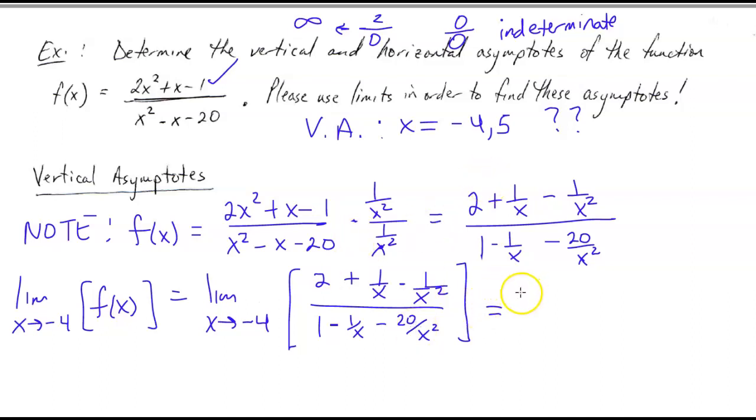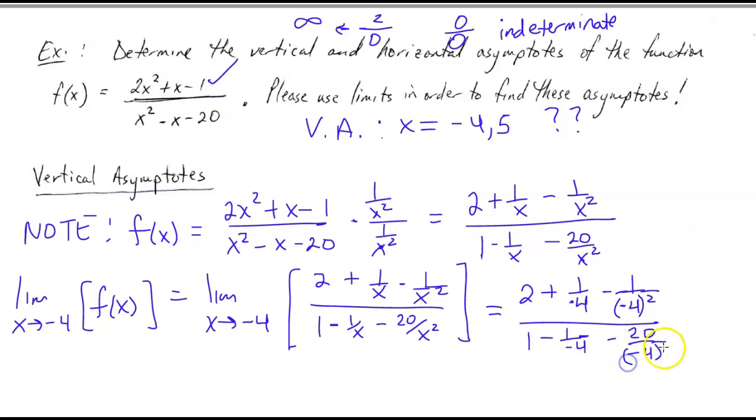So if I do that, then I'll say 2 plus 1 over 4 minus 1 over 4 squared, or -4, I should say. And that's going to be -4 squared here. And this will be 1 minus 1 over -4. And this will be minus 20 over -4 squared.